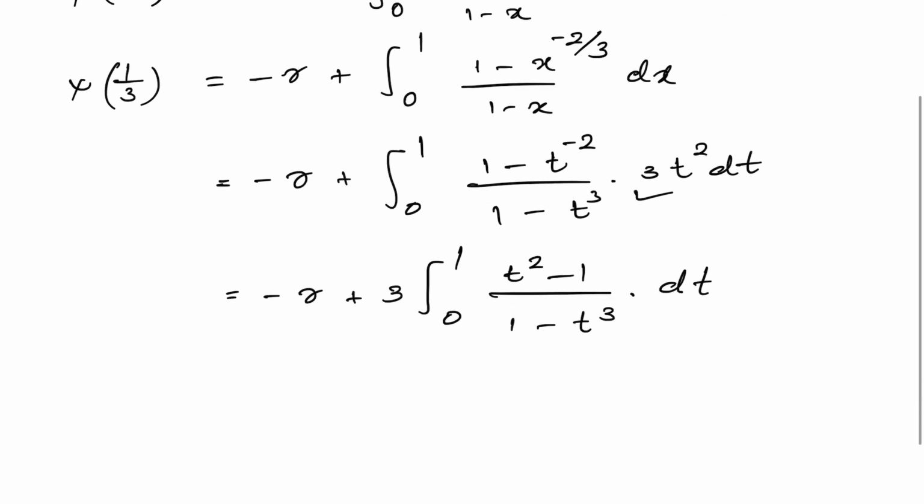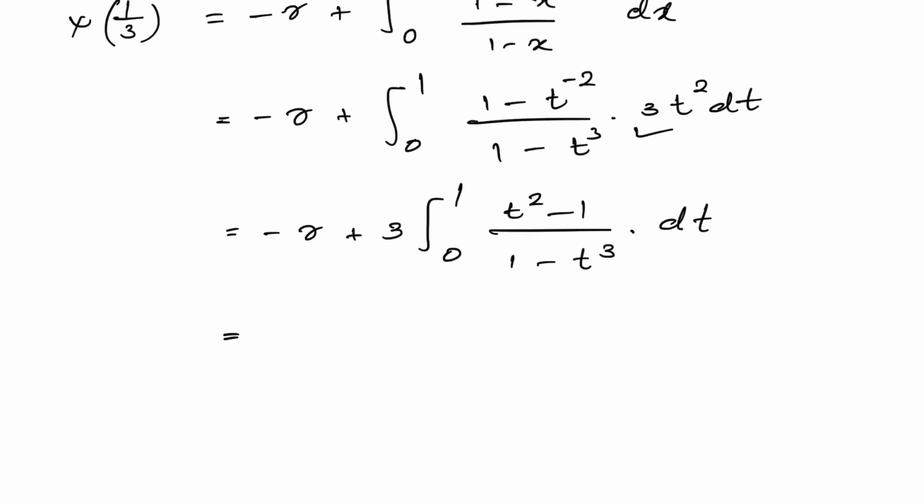Then we can write the numerator and denominator by using factors. So we have here t squared minus 1 and here 1 minus t cubed.